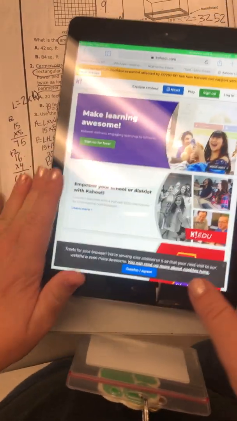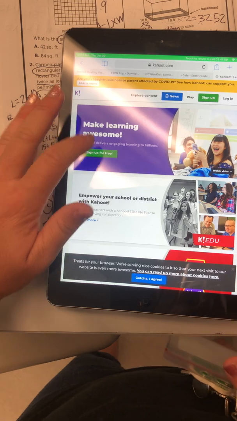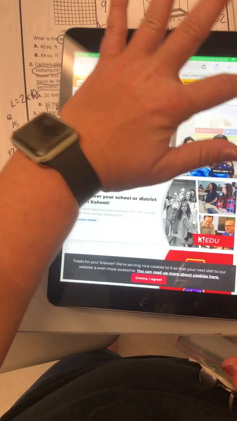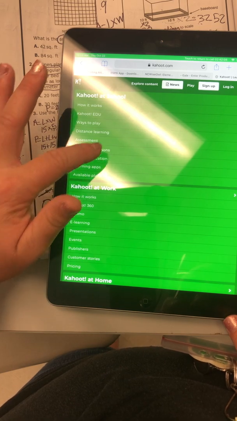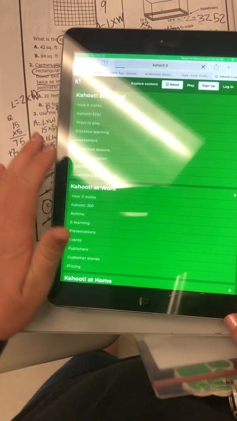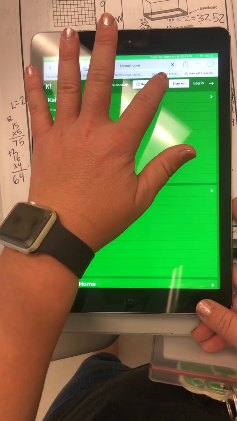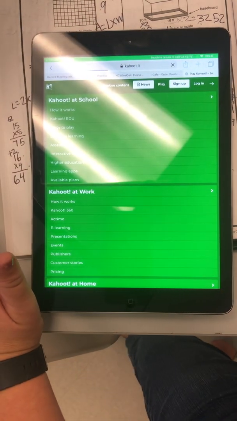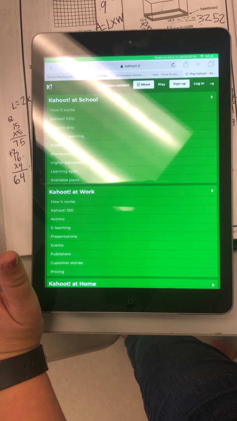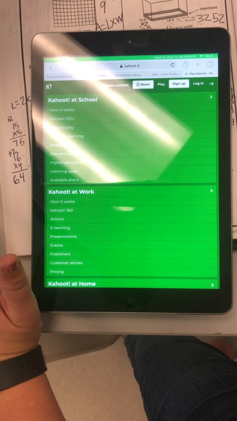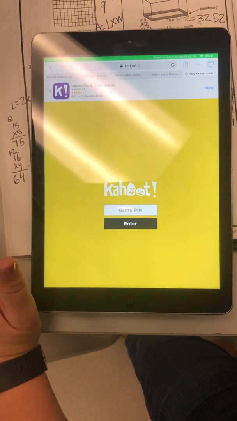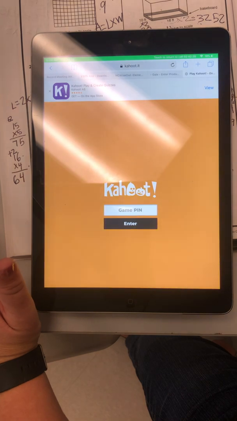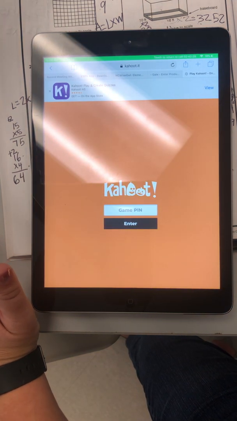If you're going to just click play Kahoot, you're going to click play on your device. And I'm going to give you a code, which my code for this Kahoot, hold on, it's giving a minute. All right, so it's going to load up a pin.